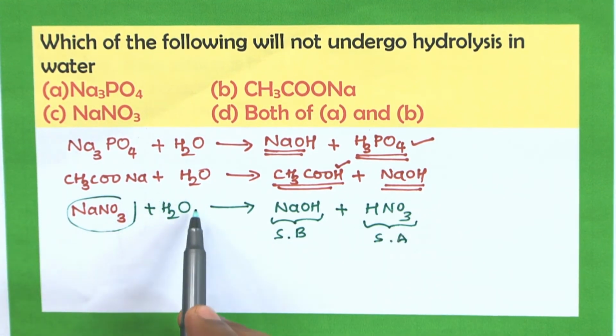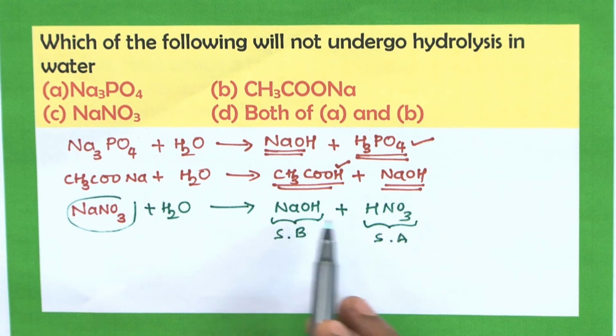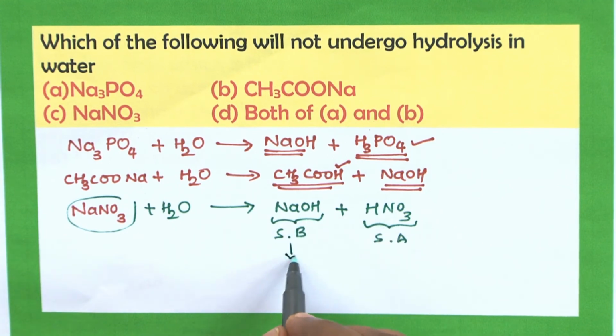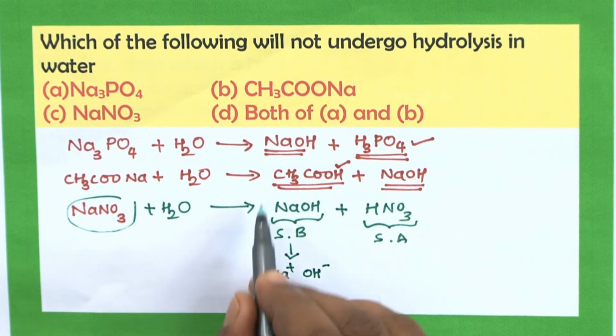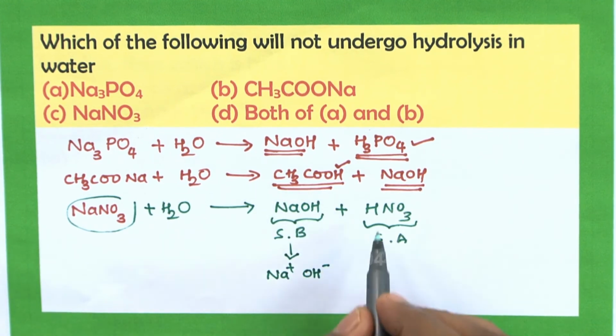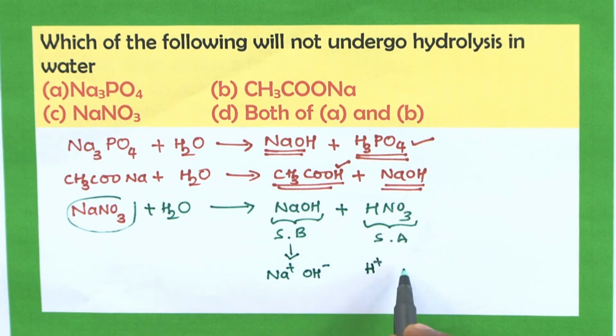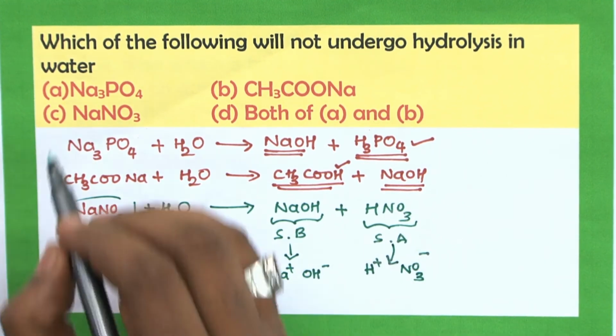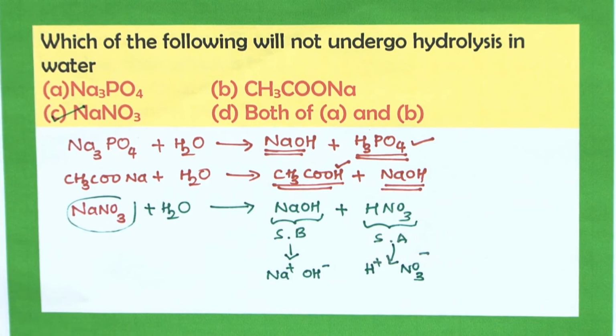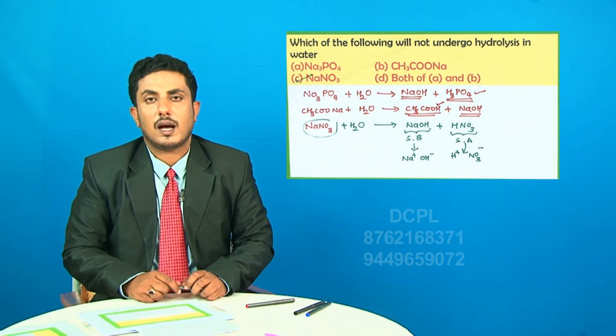So on adding water, it forms the corresponding strong base and strong acid. Strong base and strong acid remain completely in their dissociated form, that in the solution they form Na plus and OH minus ions, and HNO3 also forms H plus and NO3 minus ions, that is it undergoes complete dissociation. So hence they do not undergo hydrolysis. Hence option C, that is sodium nitrate, is the right answer.